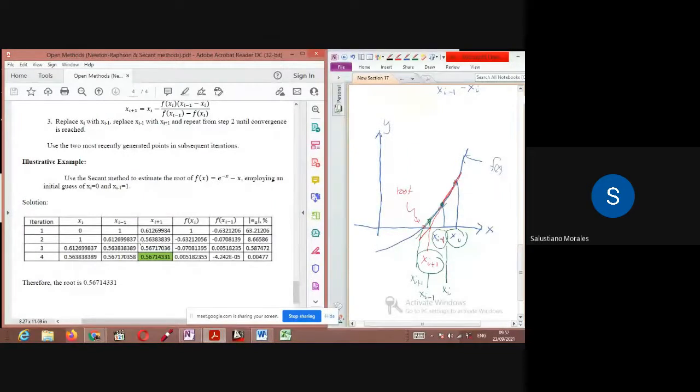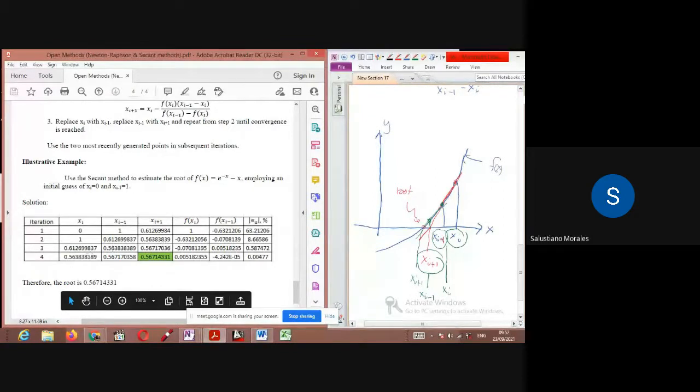Then after that, compute again the values of the functions for the new values of xi and xi minus 1 to come out with the new value of xi plus 1. Because in the second iteration, ang value niya is 0.563, 8 something. At this iteration, the relative approximate error in absolute value is 8.66586.